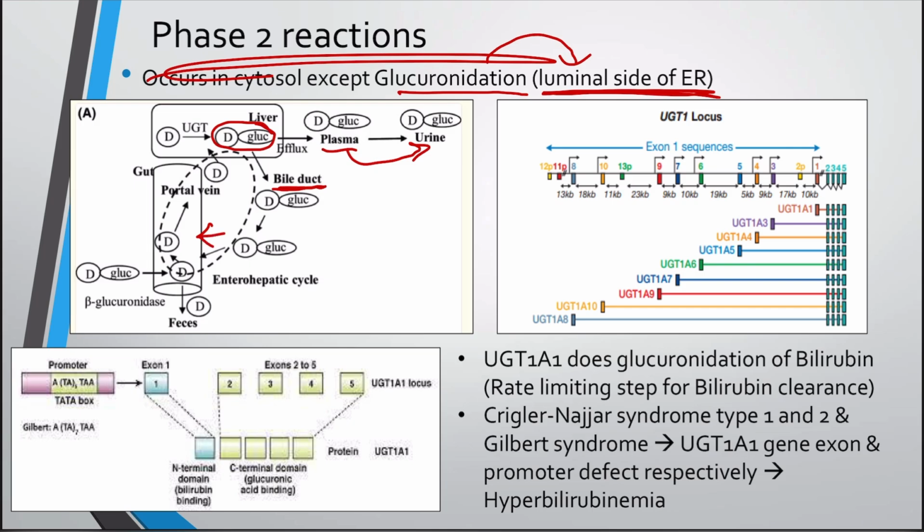In the intestine, basically in the large intestine, some microbes produce beta glucuronidase. Beta glucuronidase deconjugates the glucuronide from the drug, and as a result the drug is reabsorbed and reaches the liver again. This is called enterohepatic cycling, and it increases the half-life of the drug.